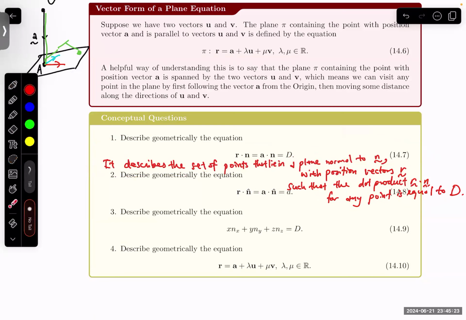All the points in the plane are related to each other in a way that says the dot product of any of these position vectors with the normal vector always gives you the same number. All these points, if you dot them with the same one vector, give you the same number. All these points are in the same plane.